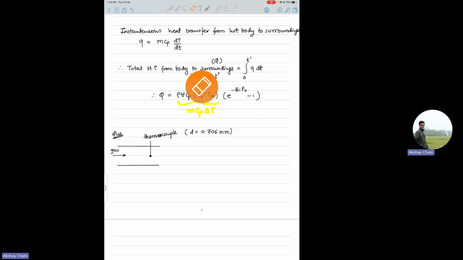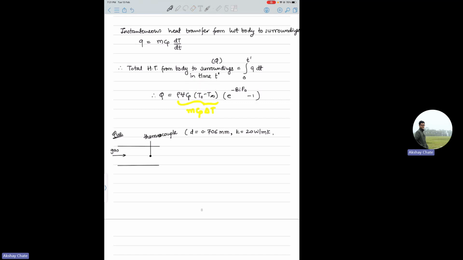And okay, I'll write all properties directly here. Thermal conductivity is around 20, so typically it is, I think, steel. Cp, or in this case it's only C, because in case of solid, Cp is equal to C only.